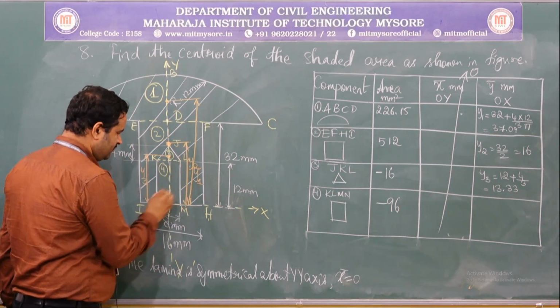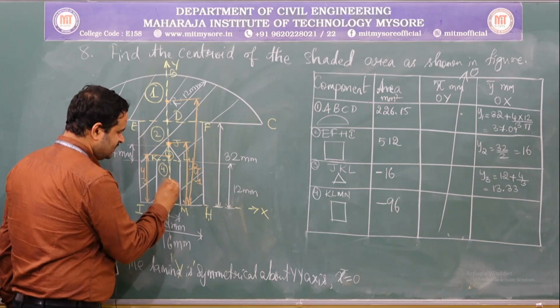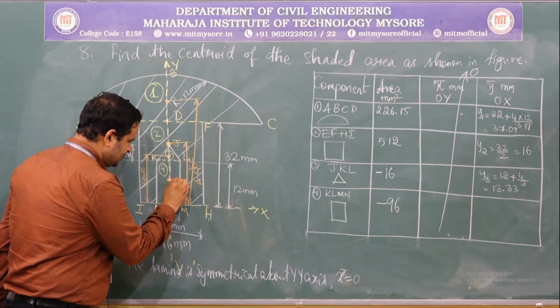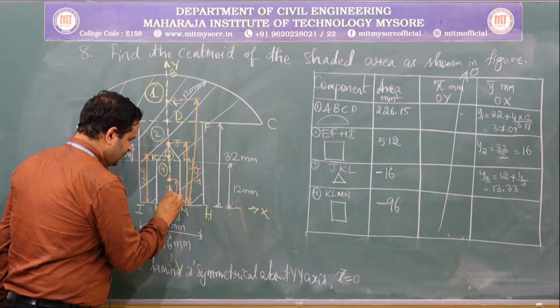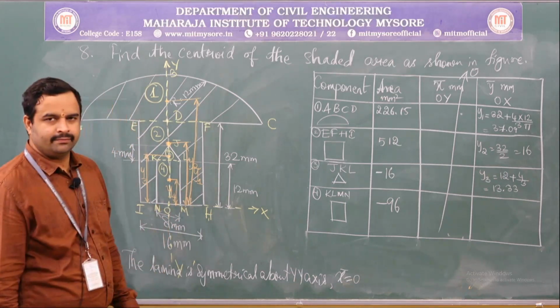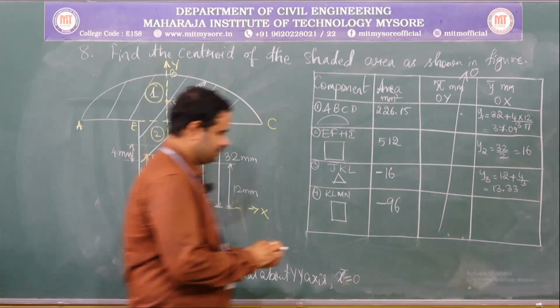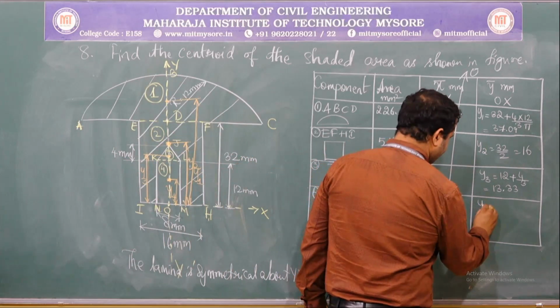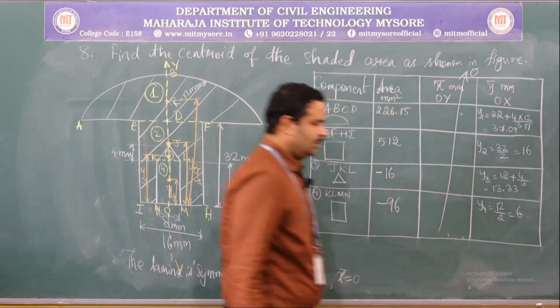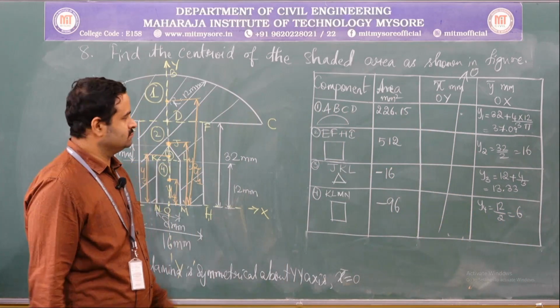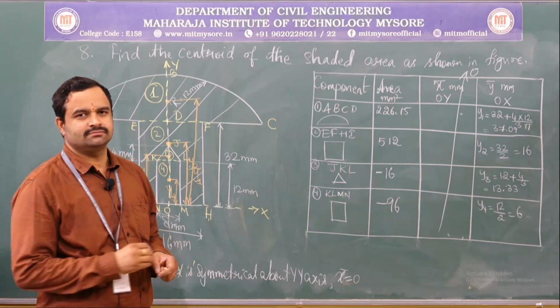So, the y component of this rectangle is exactly at center. Try to measure this with respect to the reference axis, which is y4. This is nothing but half of 12 mm. Now, our table is complete.